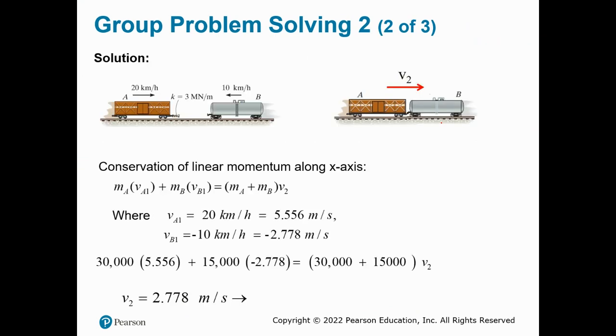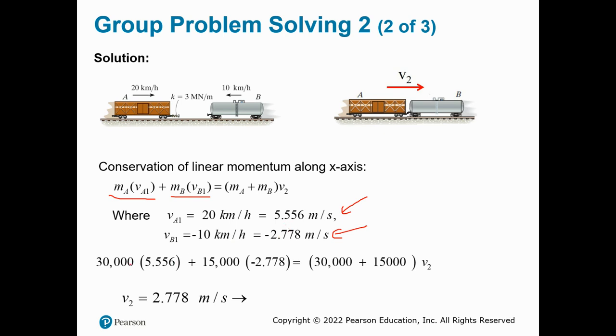So initial linear momentum equals your final total, right? Initial, I got A, I got B. We're going to do our unit conversion. The velocity is given to us in kilometers per hour. We're going to convert both of them to meters per second. VB is coming to the left. That means I have negative velocity.